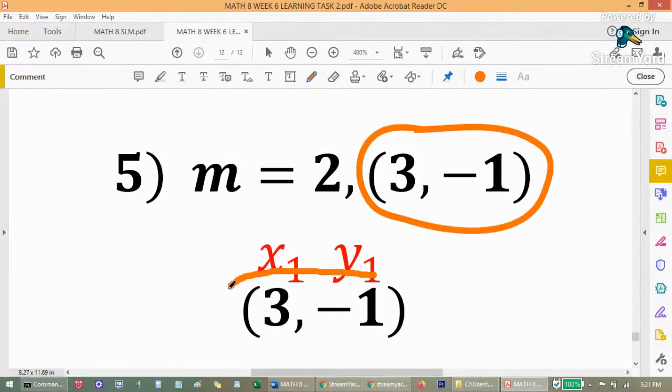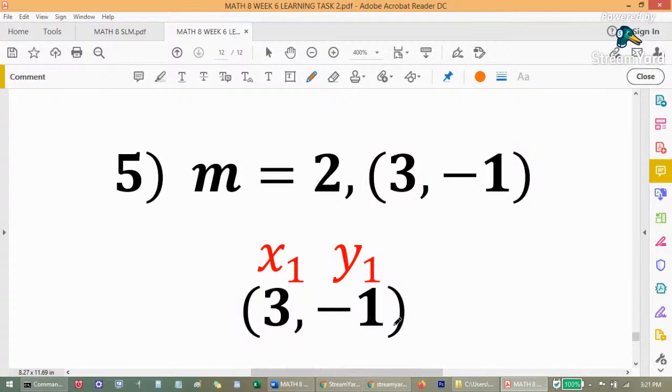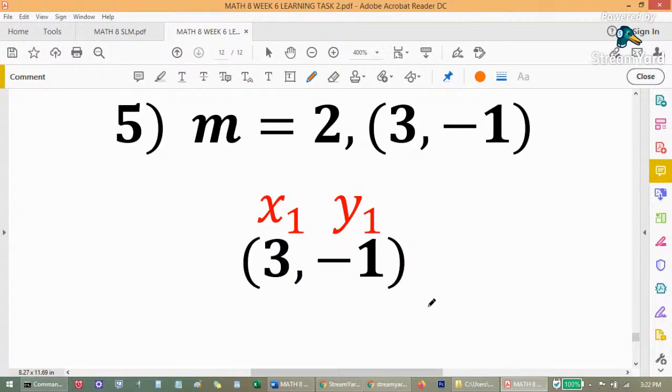Kinopya ko lang positive 3 and negative 1. And then, ito ang ating magiging x sub 1. Ito naman ating magiging y sub 1. Okay?